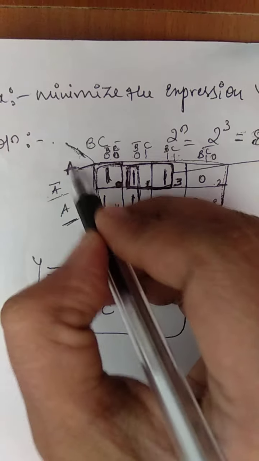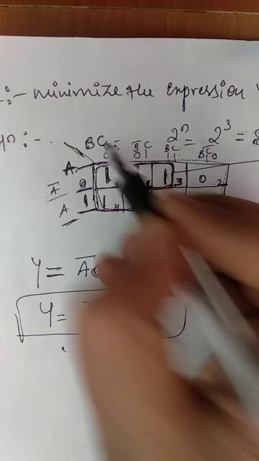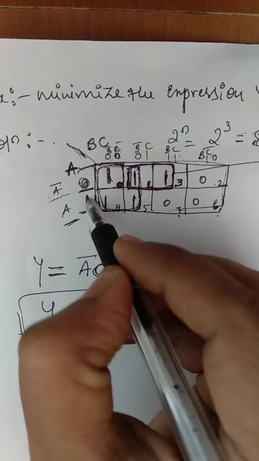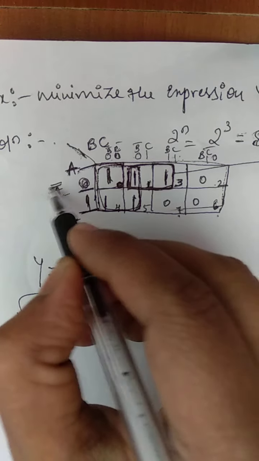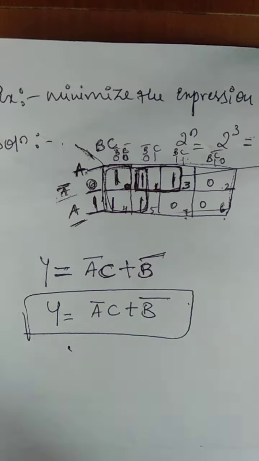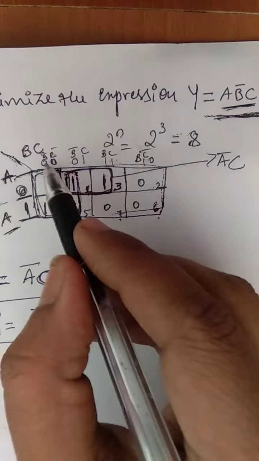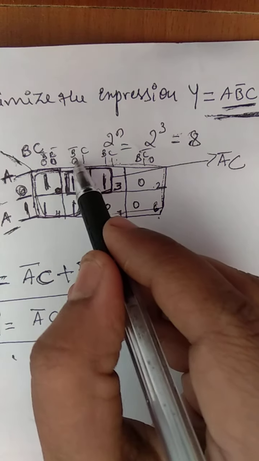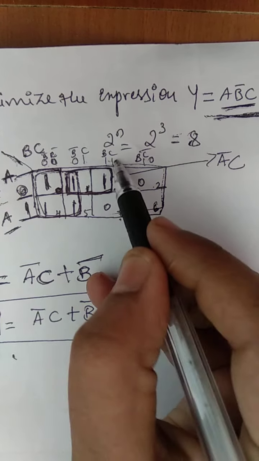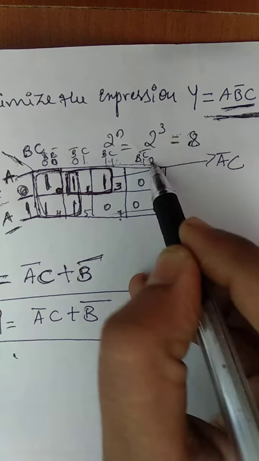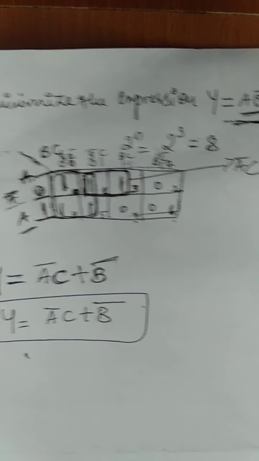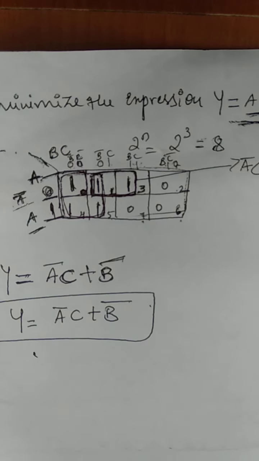So I have taken A over here and B, C. So 0 and 1. So 0 represents A bar, 1 is representing A. Here also the same: B bar C bar, B bar C, B C, B C bar. Wherever 0 comes, we have to take its complement.